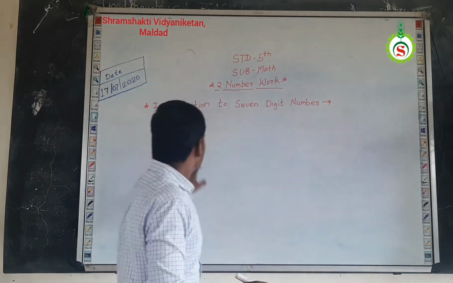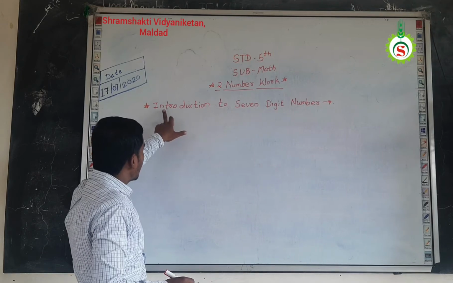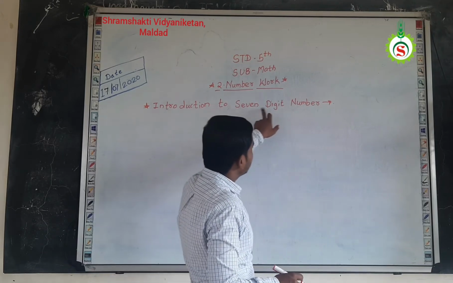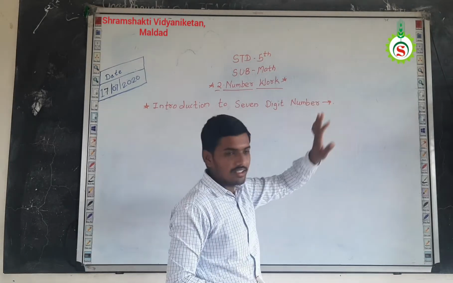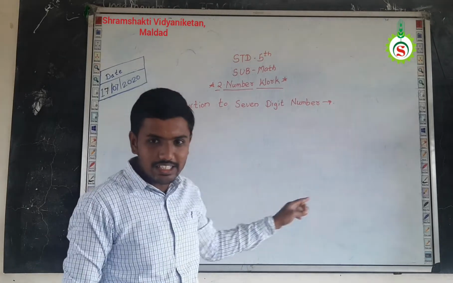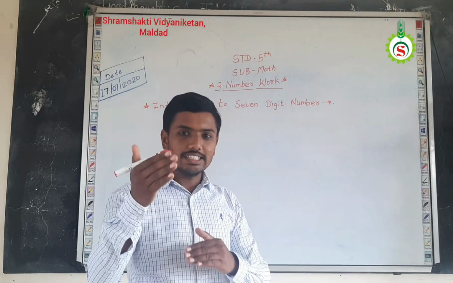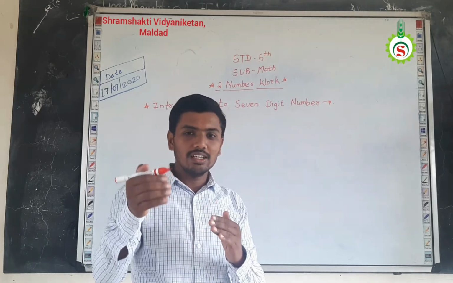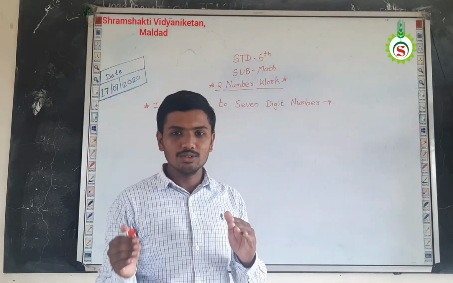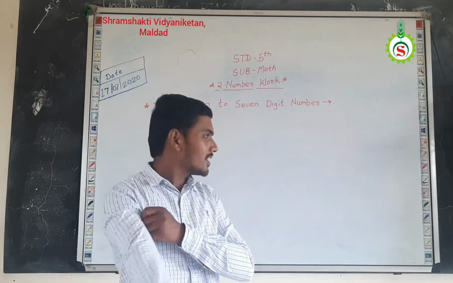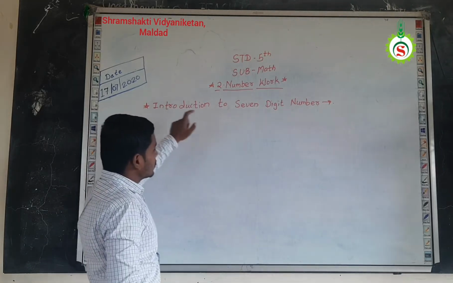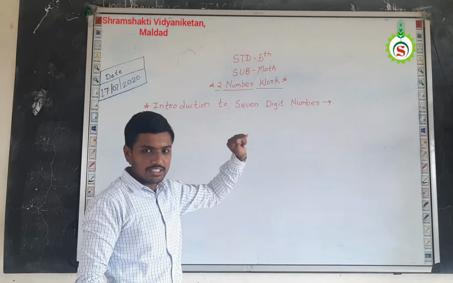So today we have to take introduction to the seven-digit number, how to write that seven-digit number into words, and how to write a number given in words into figures also. So we will start the introduction to the seven-digit number.